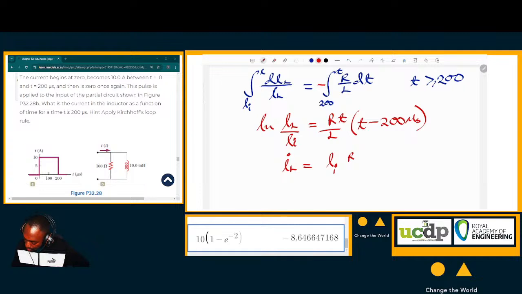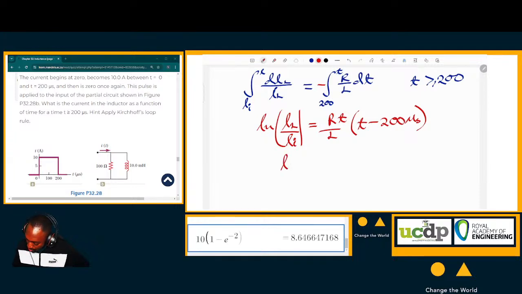No, we can't separate that before introducing ln. That'll be terrible mathematics. So to separate this, we introduce ln.